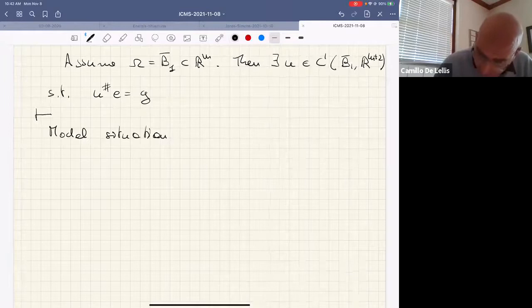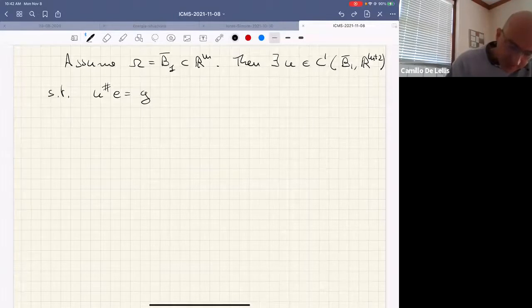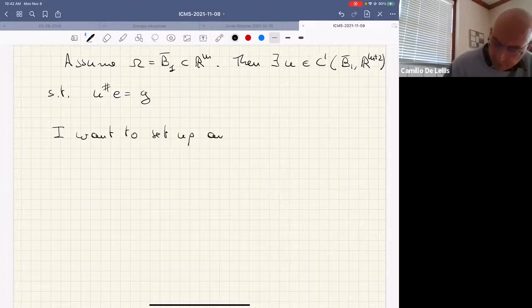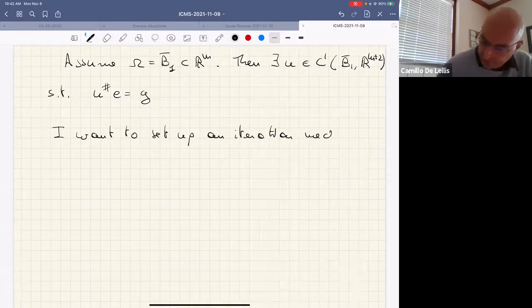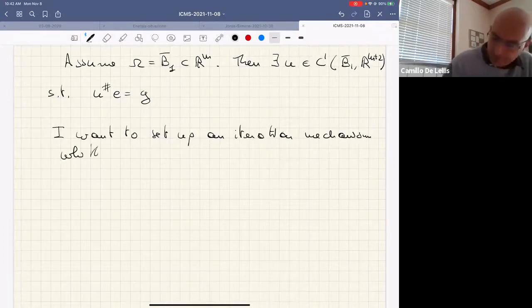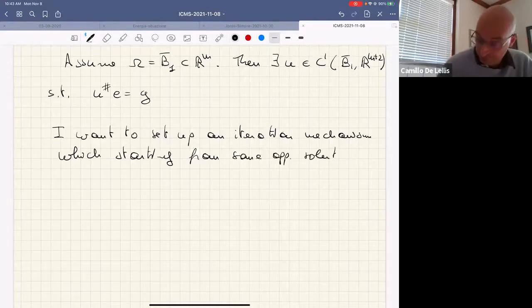Well, actually, even before getting to the model situation, let me just say that from the very start, I want to set up an iteration mechanism which, starting from some approximate solution, produces an exact solution.